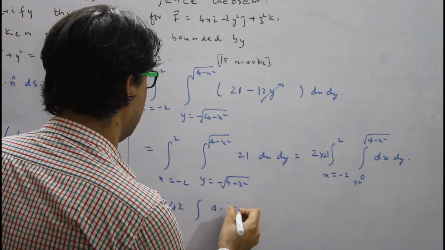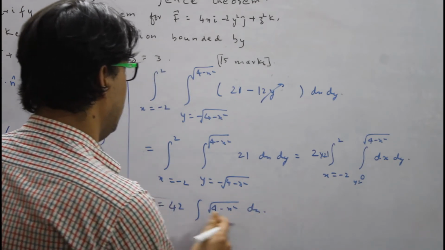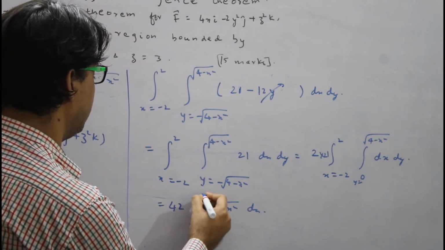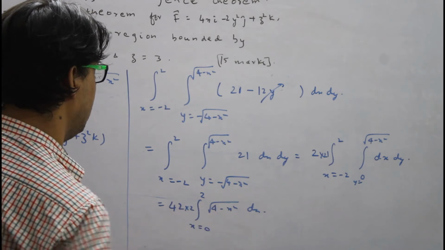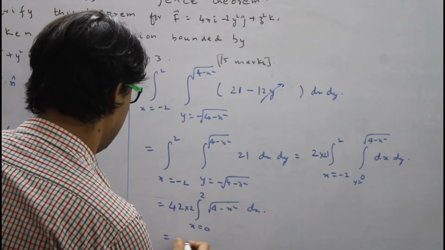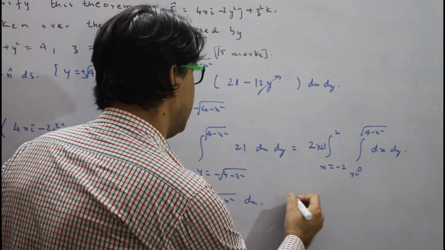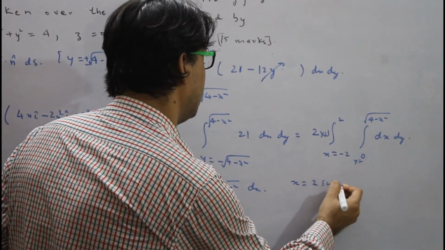Similarly, now we have got this as 42 times the integral of square root of 4 minus x square dx. This is an even function, so we can write x from 0 to 2 into 2, so this becomes 84. Now we put x is equal to 2 sine theta.